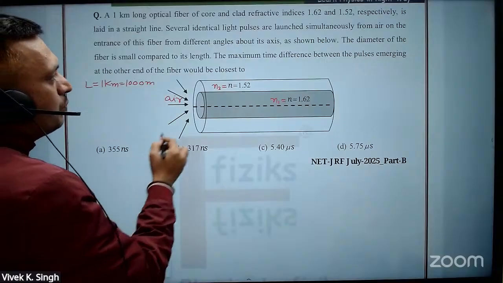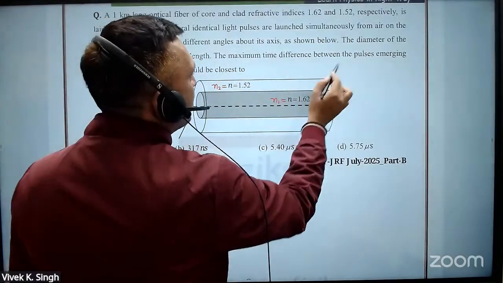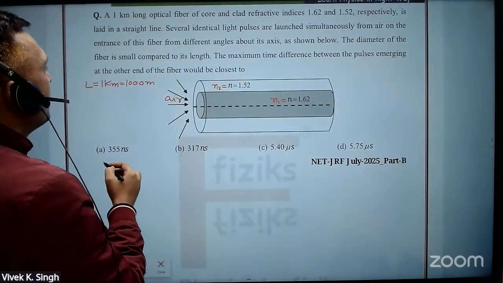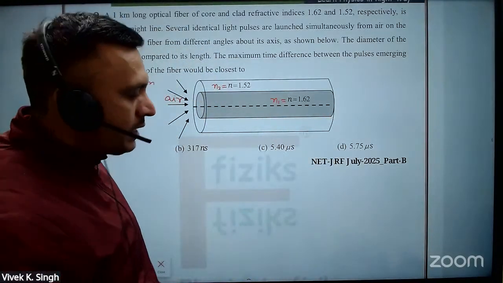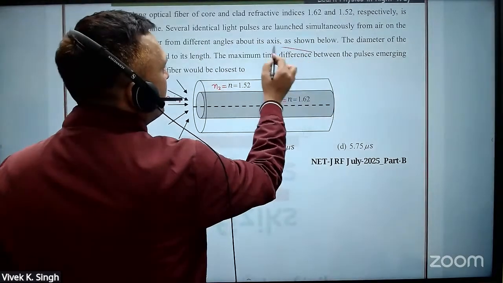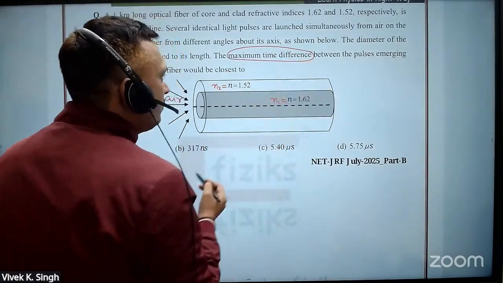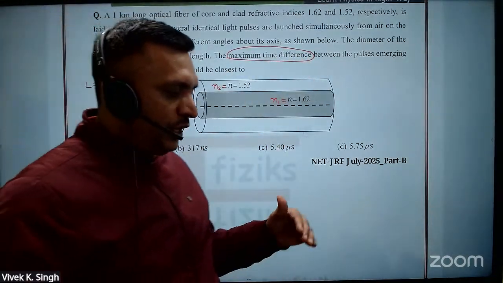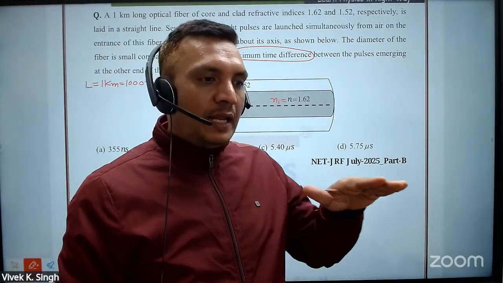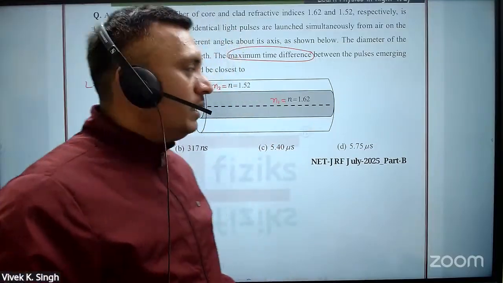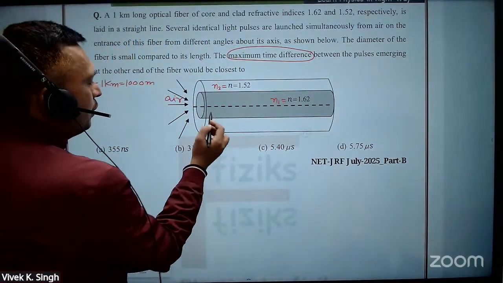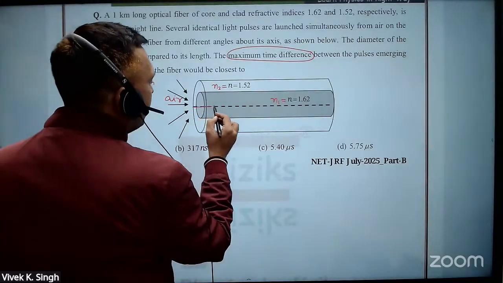You have to see what is the maximum time difference between the pulses emerging at the other end of the fiber. So for maximum time difference, we have to see which ray will cover the smallest distance, and which one will take the longest path. So the ray that will travel in this direction.